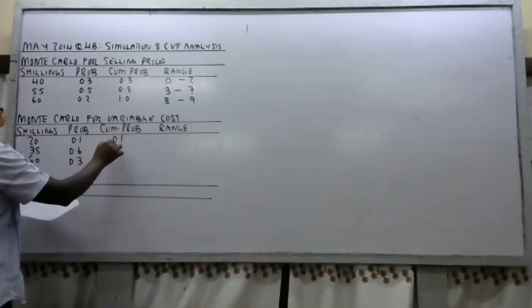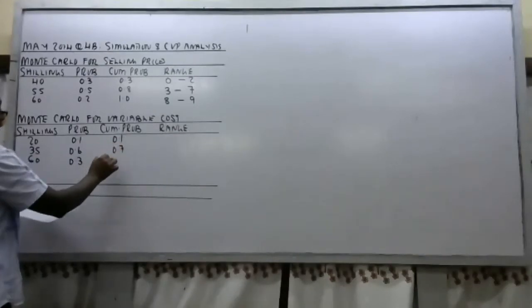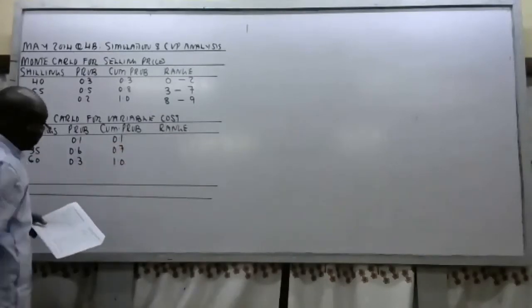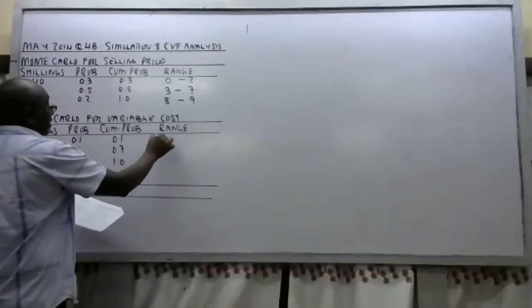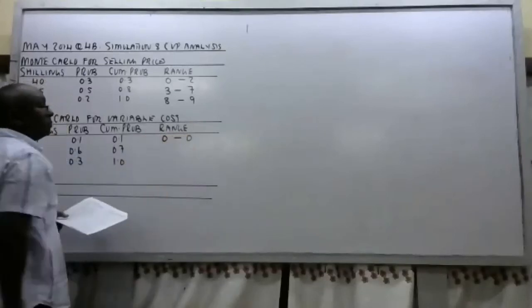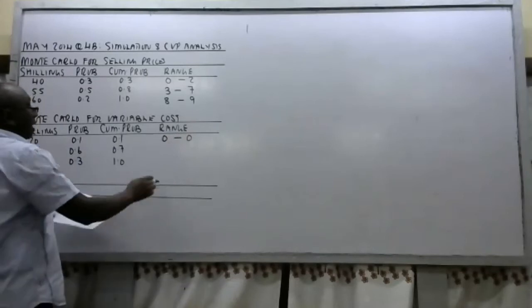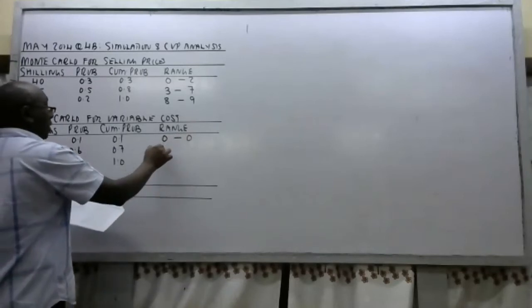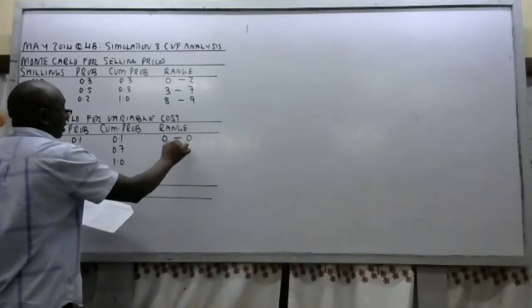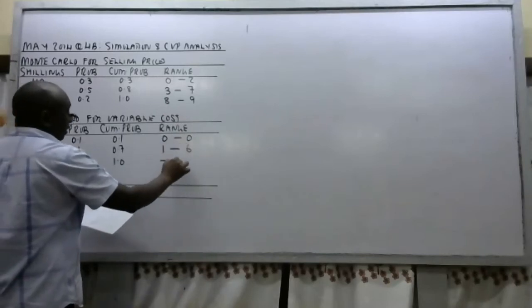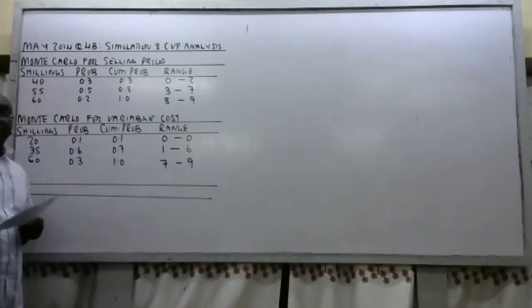Cumulative, I have 0.1, 0.7, and 1. So there's a 0 to 0, because that is the number, 1 minus 1. Then this one begins at 1 to go to 6. This one begins at 7 to go to 9.